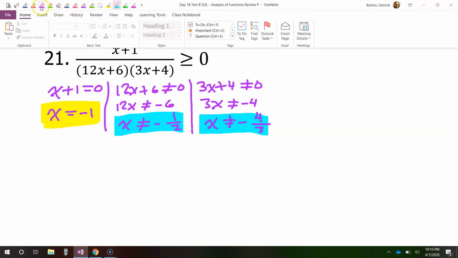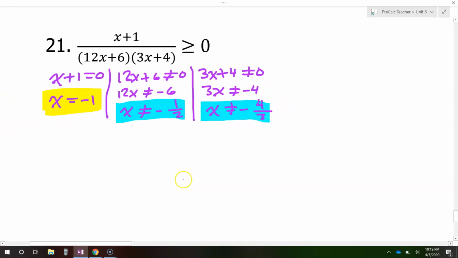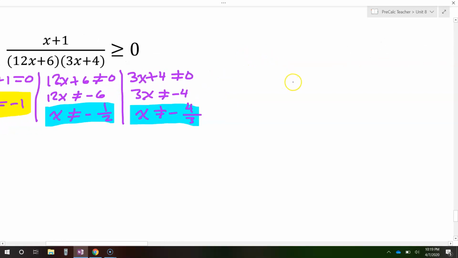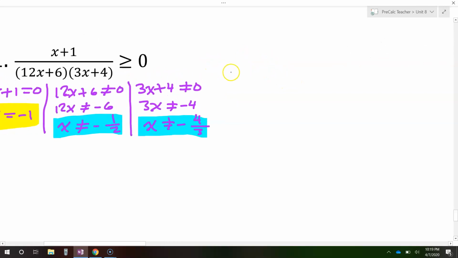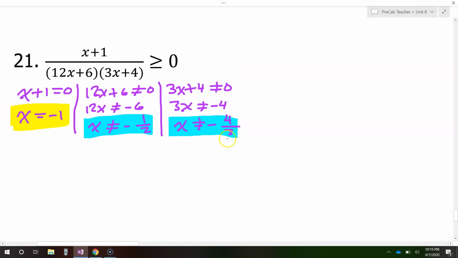I am distinguishing between those two types because when we make our number line right now, whether or not they are open circles or closed circles will partially depend on whether it can equal the number or whether it can't.